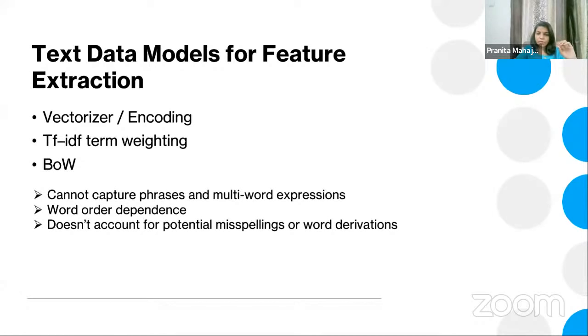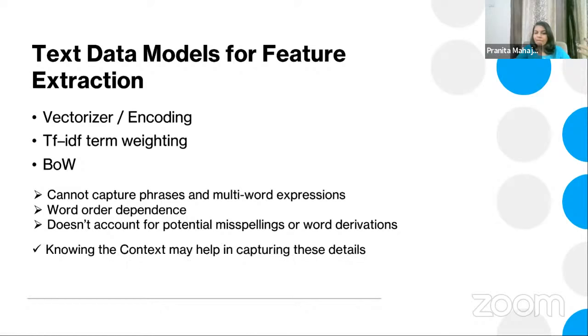So it also fails to capture the actual meaning of the word, right? That means it is not understanding the context. We need to capture the context to understand the meaningfulness, or the importance of the keywords.